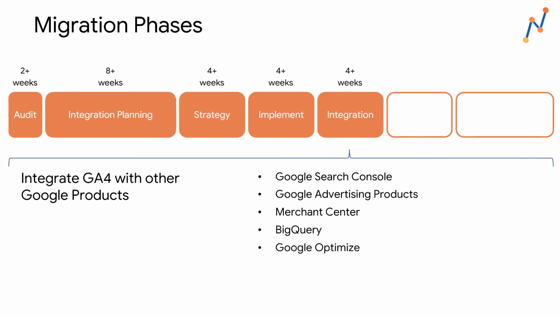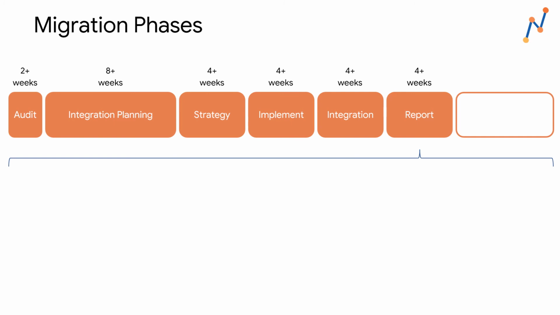And if you now tend to think, perfect, we're done with the migration, then you're wrong. Why? Because at the time of recording this video, only a few reports are available in GA4. If you want to know more about this, just watch my previous video, which is about comparing the report landscape. And therefore, you need more or less to compensate the lack of missing reports by creating additional reports in GA4.